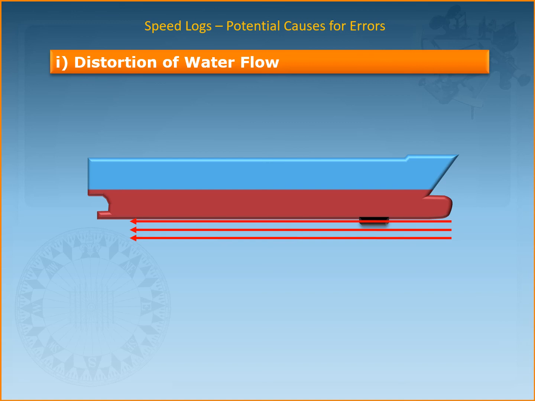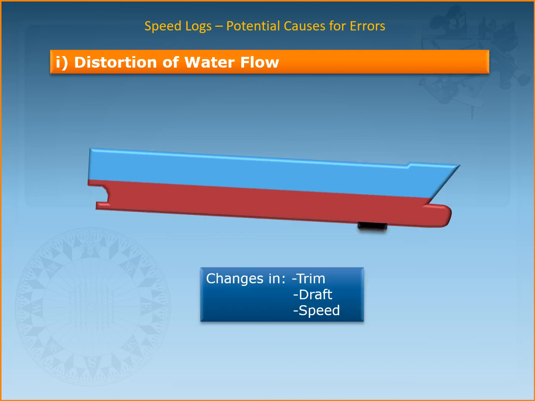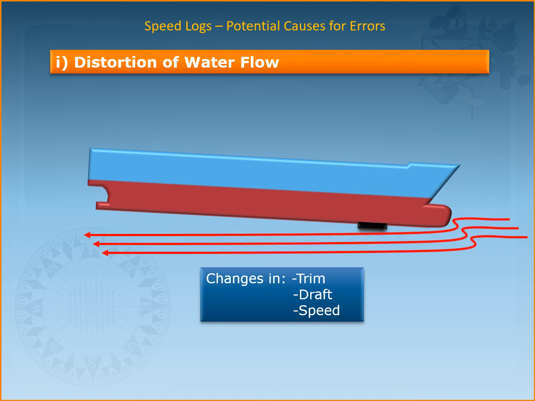Positioning of the sensor then becomes very important. The flow pattern may change with draft, speed and trim, and errors thus may be variable. So as you can see here, if the flow of the water across the transducer gets affected, the speed measurement through the water in case of the electromagnetic log will also get affected.